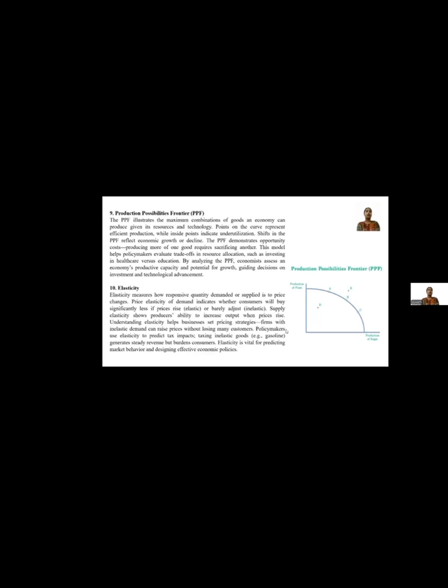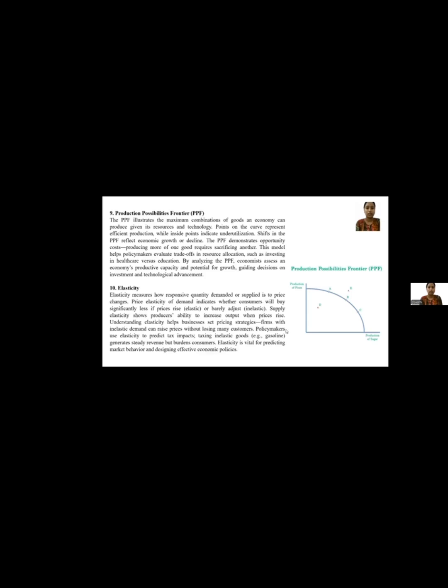Production possibilities. The production possibilities frontier shows the maximum combinations of goods an economy can produce given its resources and technology. Points on the graph represent efficient production, while points inside indicate inefficiency. Shifts in the curve reflect economic growth or decline.